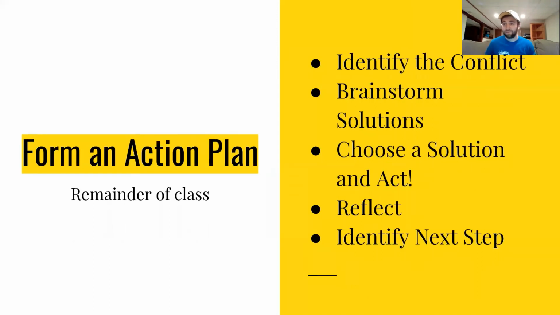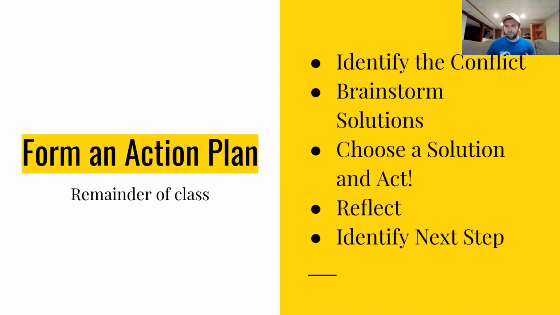And if you already solved it, good for you. Think of a new problem and try and form a new solution, right? There's always more problems in the world that we can deal with. So write down a step-by-step plan in your journals or in your workbooks through step 3 of the problem-solving process. So identifying the conflict, brainstorm possible solutions, and then choose a solution and start formulating an action plan for how you're going to act.